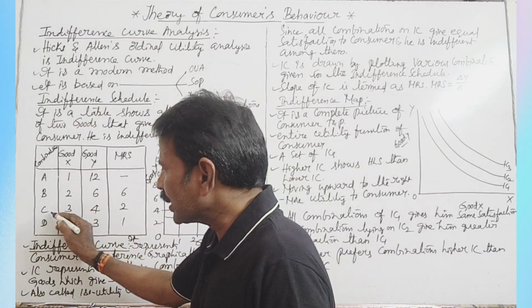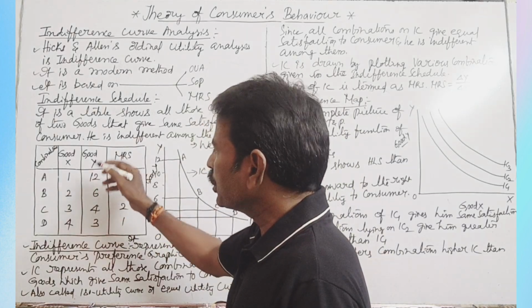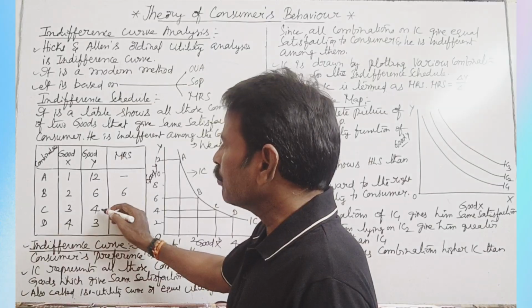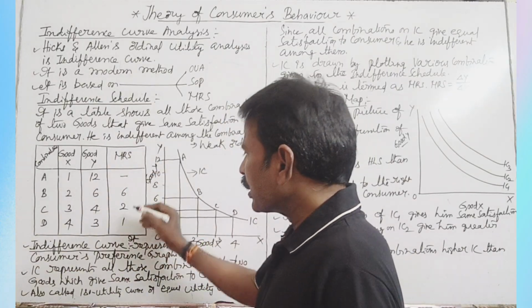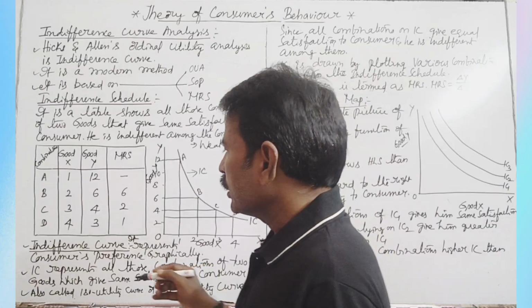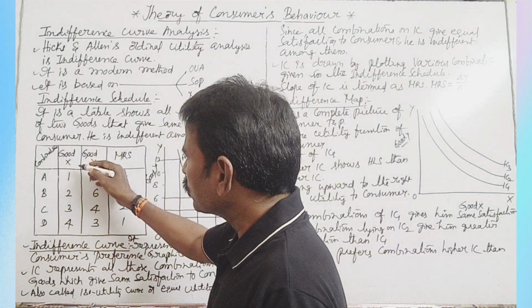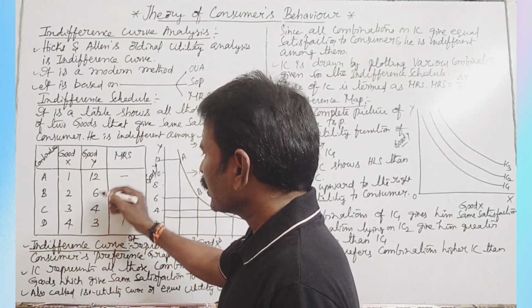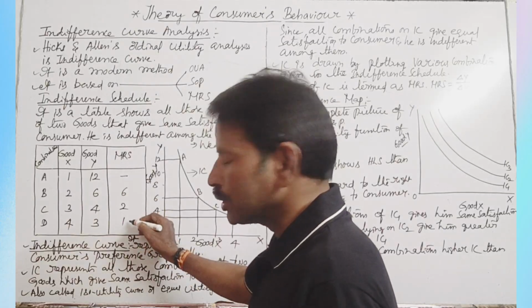If you observe combination C, if you want 1 unit of good X extra, then you have to give up 2 units of good Y. MRS is 2. If you go to combination D, if you want 1 unit of good X extra, then you have to give up 1 unit of good Y. MRS is equal to 1.